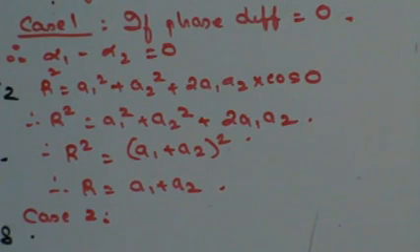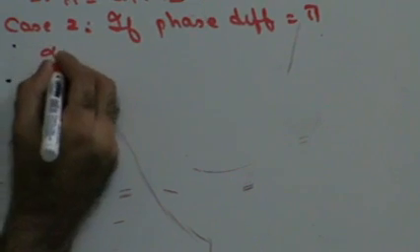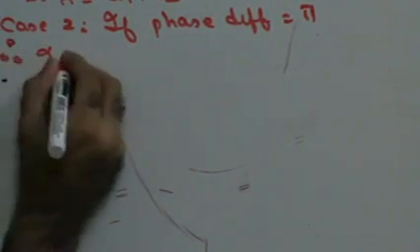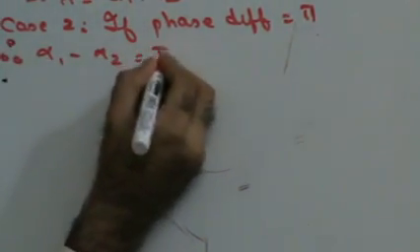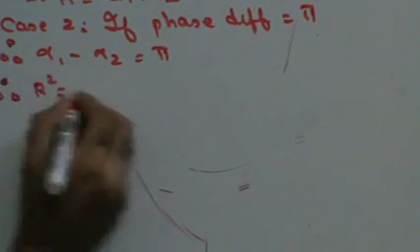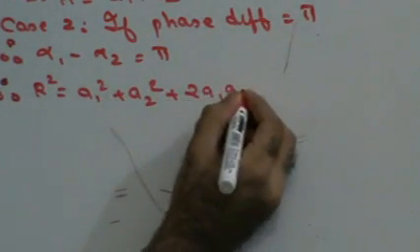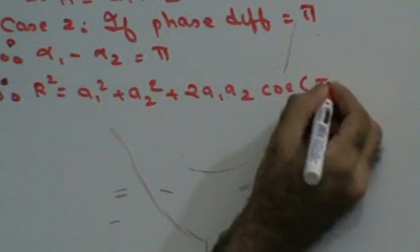If the phase difference is pi, that means alpha 1 minus alpha 2 is pi. Therefore R square is equal to A1 square plus A2 square plus twice A1 A2 cos of pi.